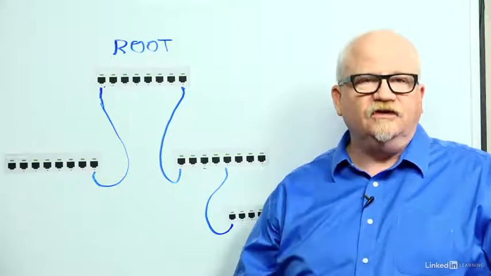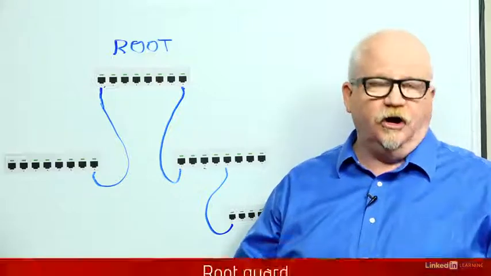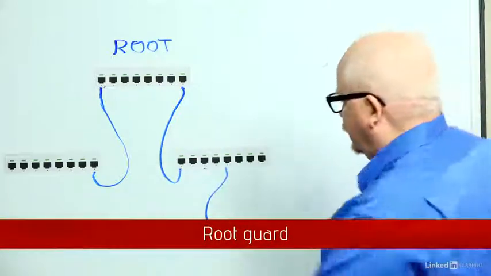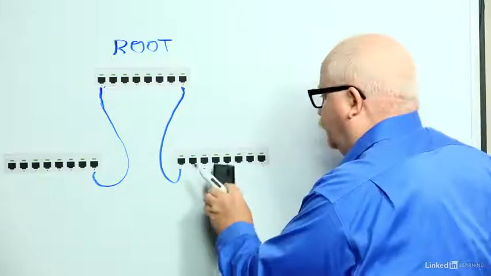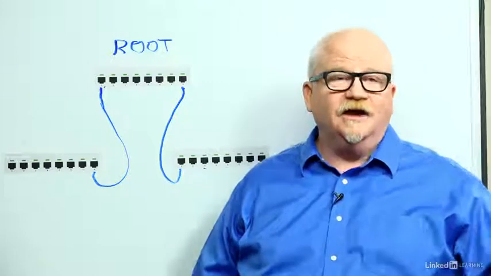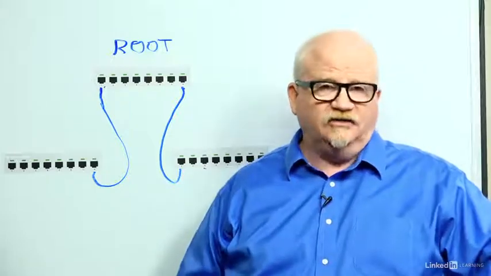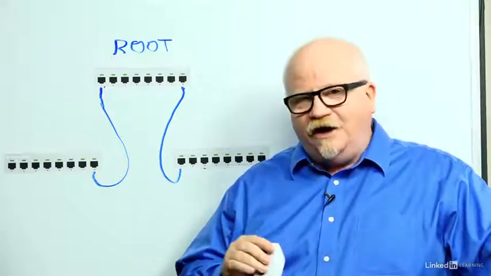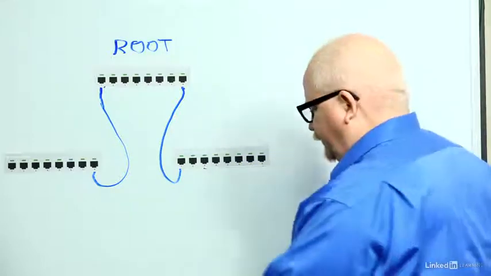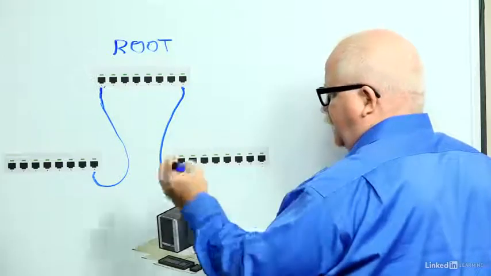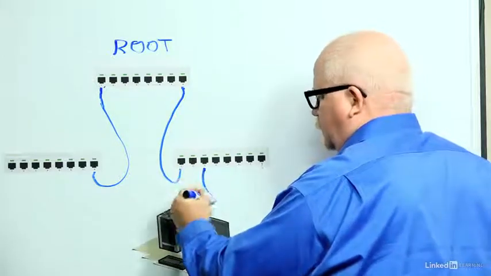To counter this, we come up with the concept of a root guard. The root guard's pretty simple. All it does is it memorizes the MAC address for the decided root, and if anybody else ever comes in unauthorized, it simply turns off any connection to the bad guy. That works great, but then there's other issues that come into play. For example, most of the ports on our switches are designed to connect to individual computers.